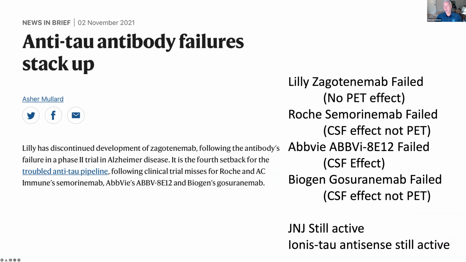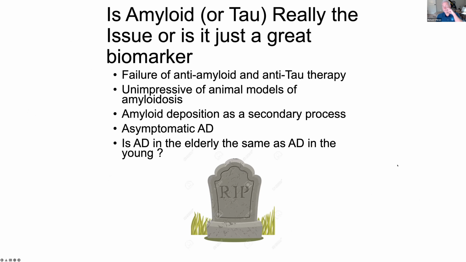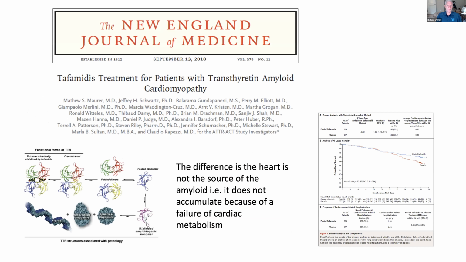The thing with the tau antibodies is none of them showed a PET effect. So with a tau PET scan, there was no evidence the antibody cleared out the tau, but there was evidence from CSF biomarker studies that they did have a positive impact on tau, and none of them affected cognition. So the question is, are amyloid and tau just really good biomarkers, or are these really the cause of Alzheimer's disease?